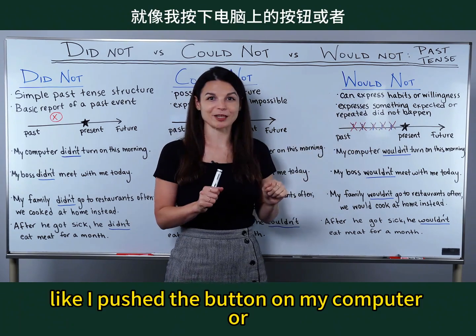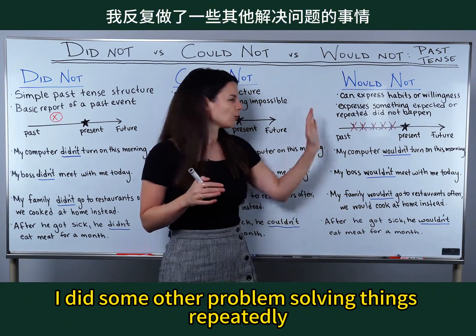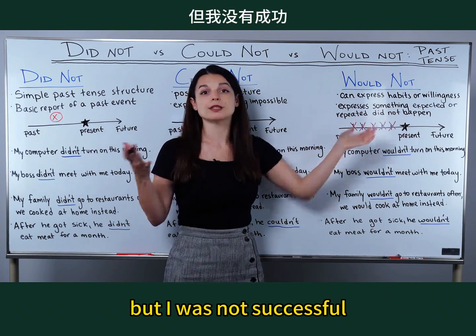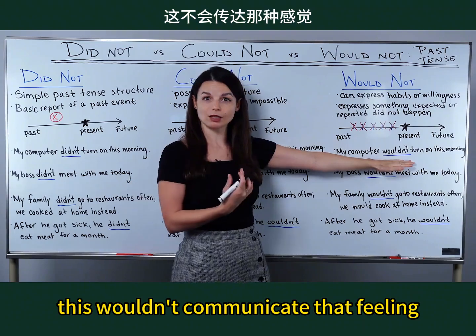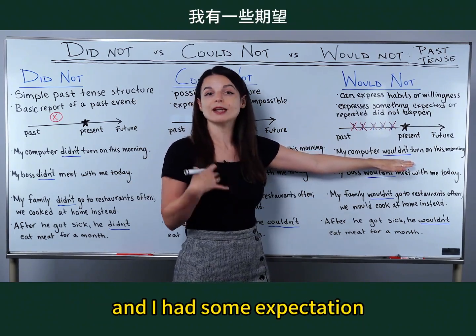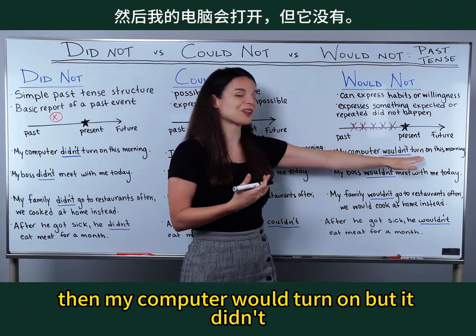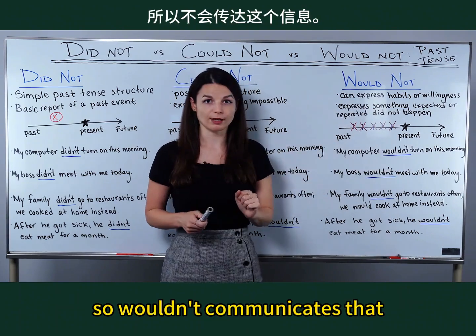Like I pushed the button on my computer or I did some other problem-solving things repeatedly, but I was not successful. This wouldn't communicates that feeling. I tried repeatedly to do this thing and I had some expectation that my computer would turn on, but it didn't. So wouldn't communicates that.